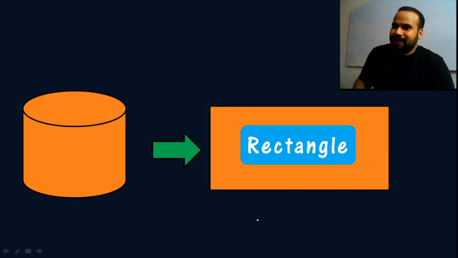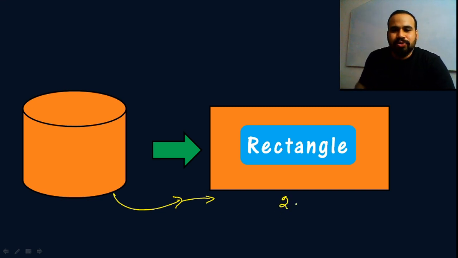If you observe carefully, the circumference of this circle is actually the length of this rectangle. If r is the radius of the circle, 2 pi r will be the circumference, that is the length of the rectangle. The breadth of the rectangle is nothing but the height of the cylinder, h.